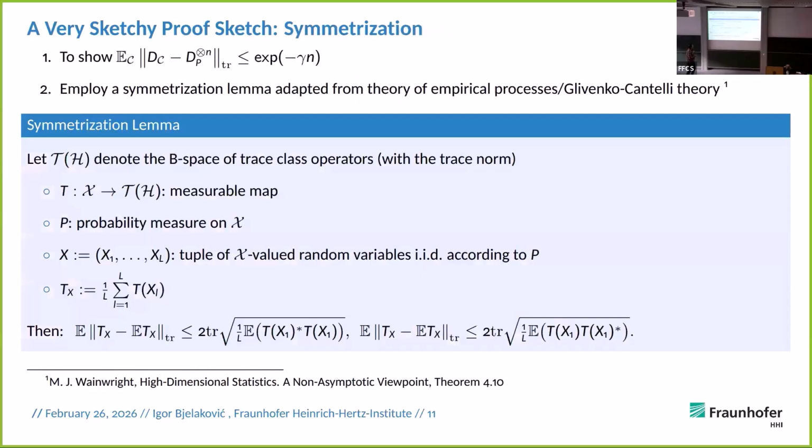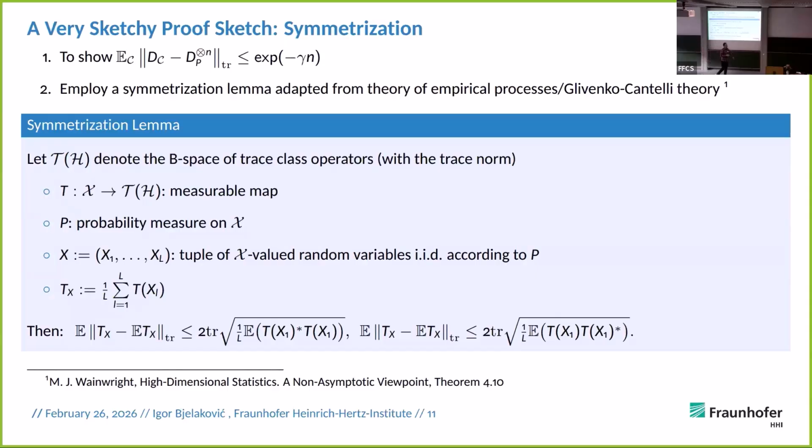Okay, so now the question is, how do we get this expectation value small? There's another trick, which is well known if you look in probability theory or stochastic processes books and look up the theory of empirical processes.